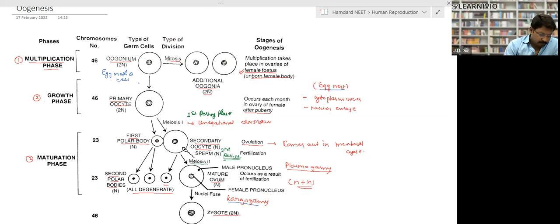Next point. Out of all these egg nests, only one cell in egg nest grows and becomes primary oocyte. Full stop.